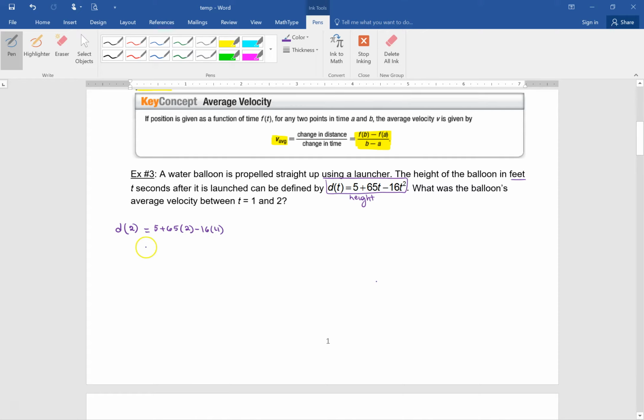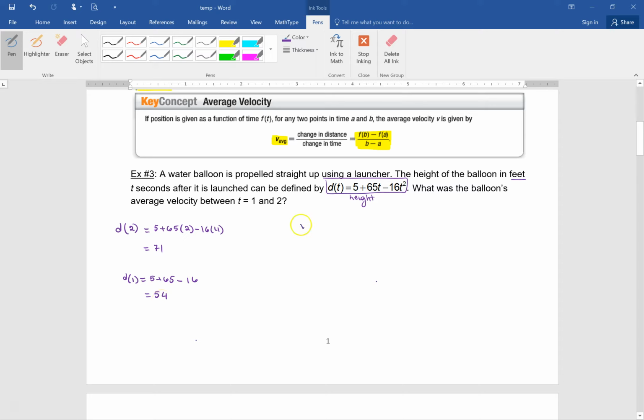How much will that be? 71. And now we want d of 1. That's the distance at 1 second. And that's 5 plus 65, which is 70, minus 16. How much is that?